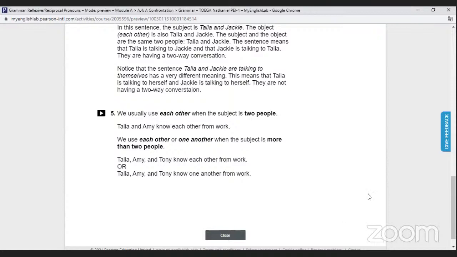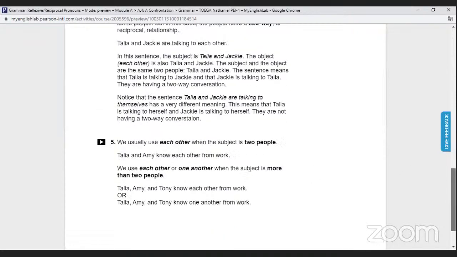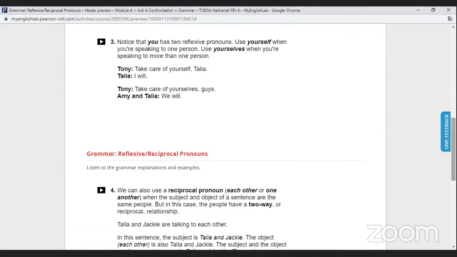So maybe you know about this, right? How is the use of each other? We focus on when the subject is two people. It's really short, right?